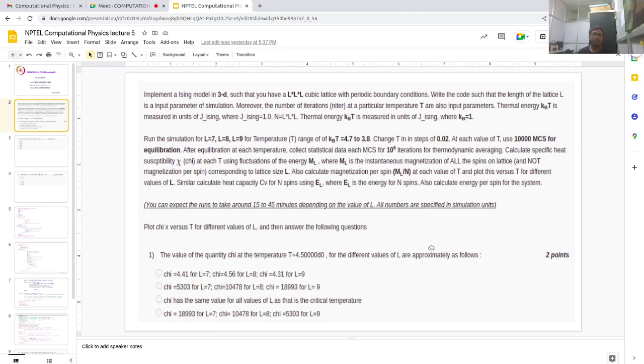Okay, so let's move to the first question. The value of the quantity chi at the temperature T equals 4.5 for different values of L are approximately as follows.